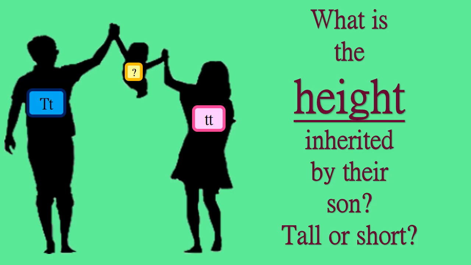For the second family, the father has the genotype of capital T and small t. The mother carries the genotype of both small t's. So, what is the height inherited by their son, tall or short?